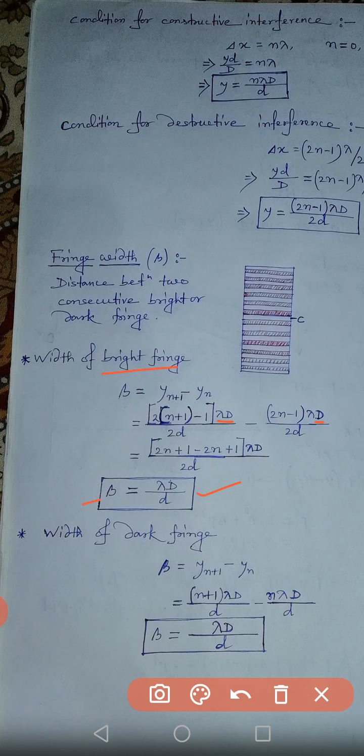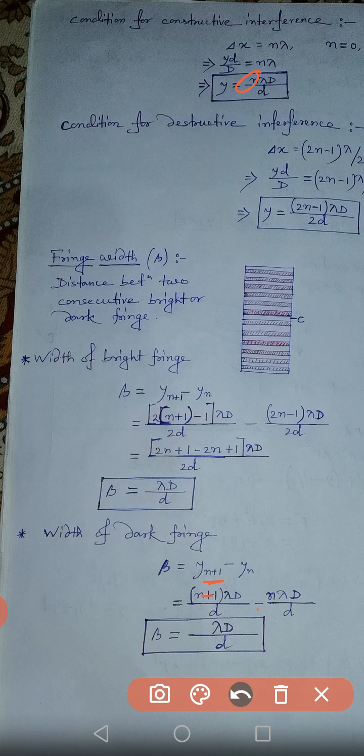Similarly, we took two dark fringes to find the width of a bright fringe, and we take two bright fringes to find the width of a dark fringe. For the bright fringe this is the formula. For yn plus 1, in place of n we write n plus 1, then minus yn, where it is n only.